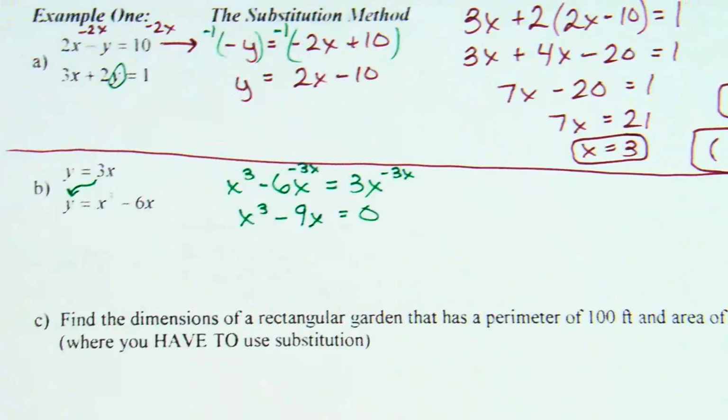Now what? I've got it equal to 0. The typical solving technique is to attempt to factor it. Is there a GCF? Yeah, both terms have a GCF of x. So factor an x out front. When I factor an x out front, what remains? x squared minus 9.